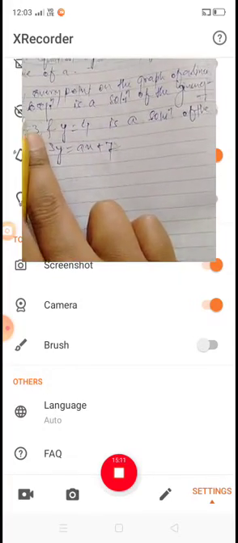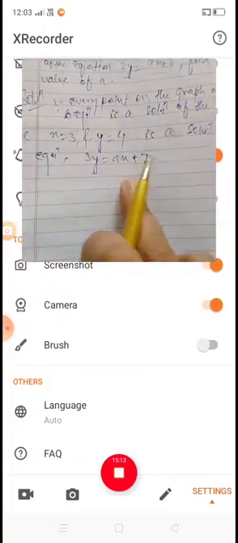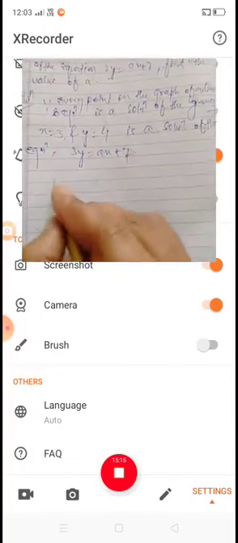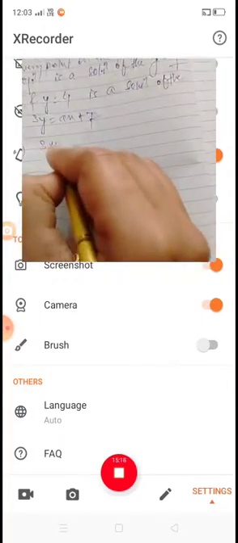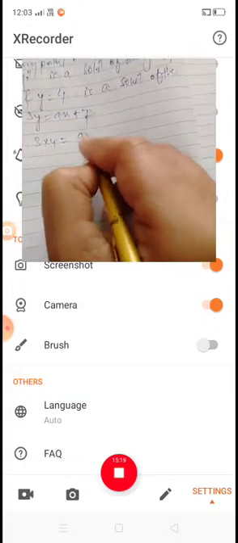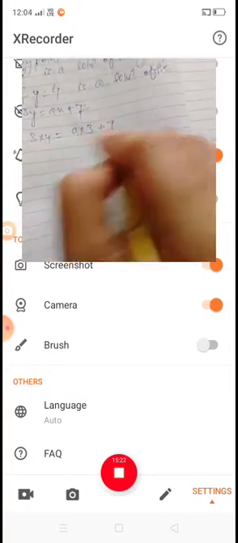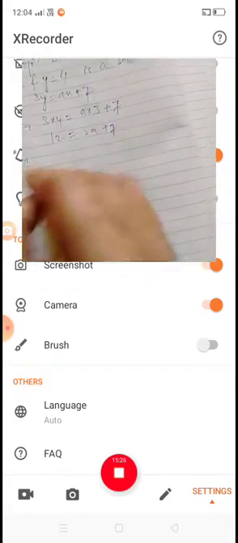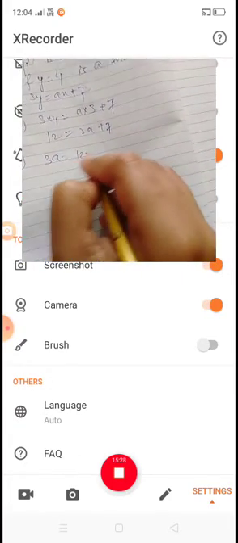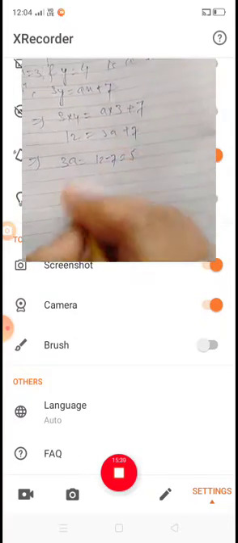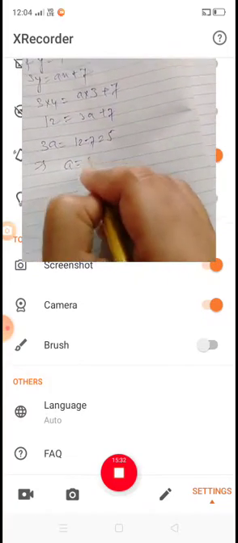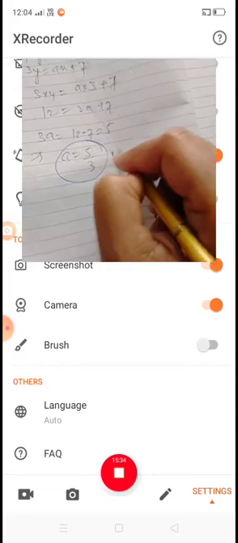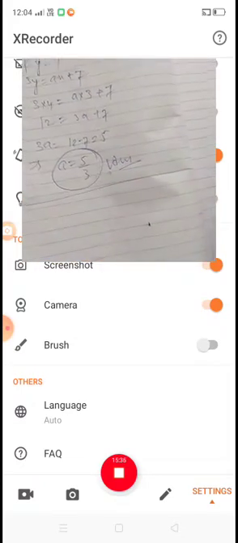So it must satisfy the given equation. We get 3 into 4 is equal to a into 3 plus 7, so 12 is equal to 3a plus 7, 3a is equal to 12 minus 7, which is 5, that is a is equal to 5 by 3. So the value of a is 5 by 3.